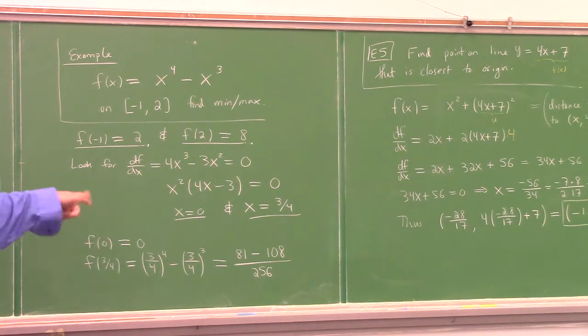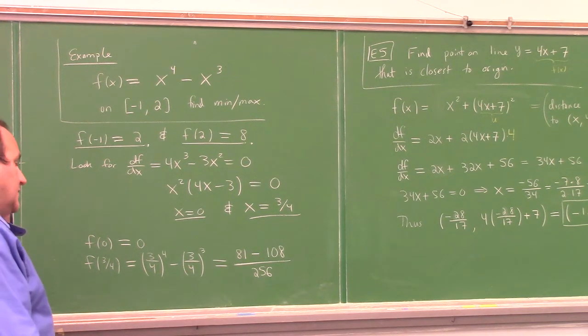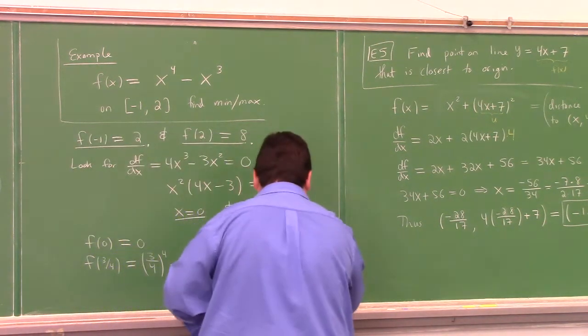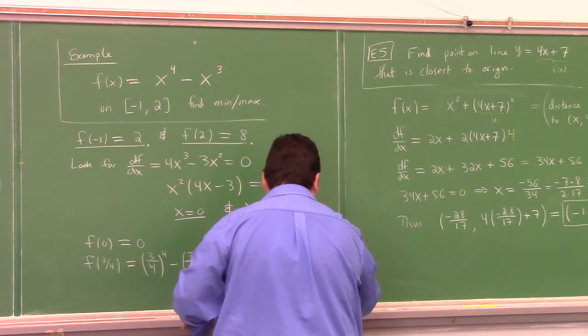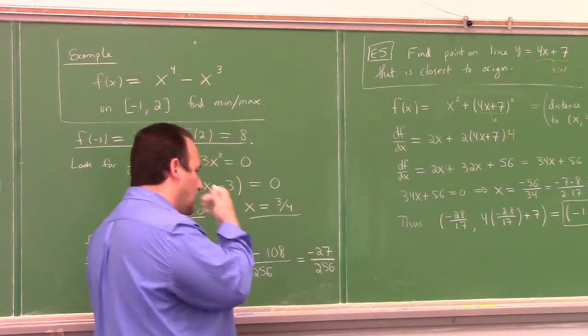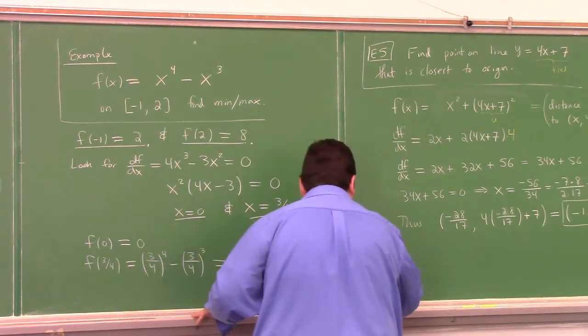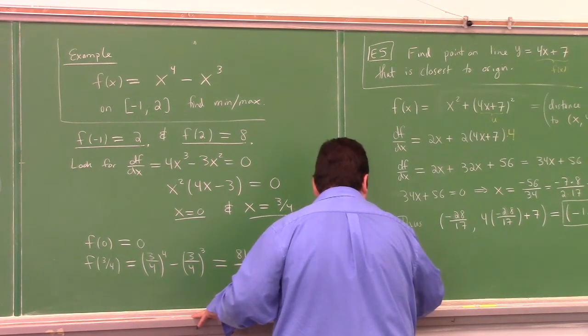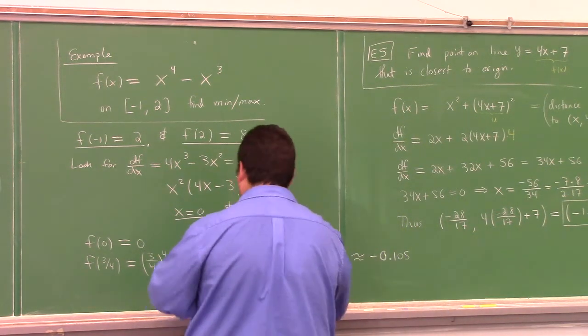I made a common denominator in the second fraction so I could combine them. The point is that, what's 81 minus 108? Negative 27. So we got minus 27, if I haven't made an arithmetic mistake, over 256, right? So that's approximately negative 0.1? Or you're telling me exactly minus 0.1 what? 0.105.